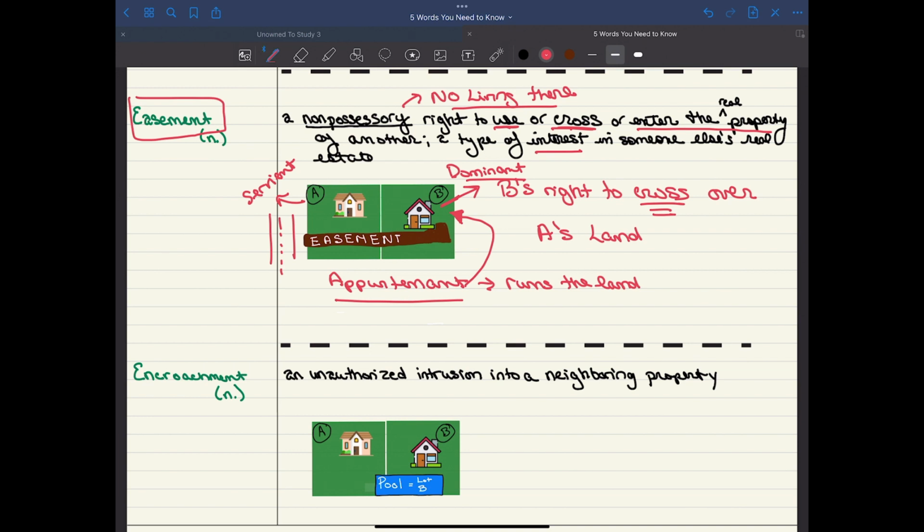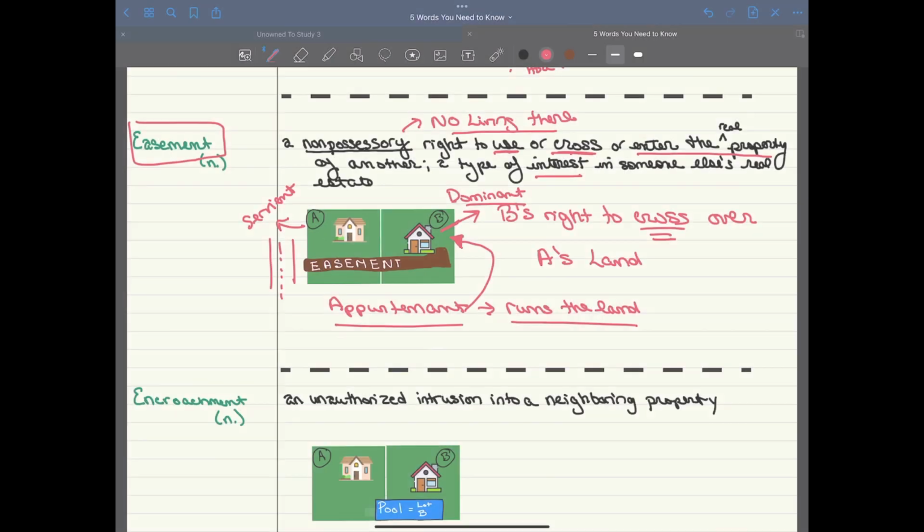The right to cross is the easement, and the appurtenant part of an appurtenant easement is that it runs with the land. No matter who owns property A, they will always have to honor that as long as it's recorded. And whoever owns property B will always have the right to cross.